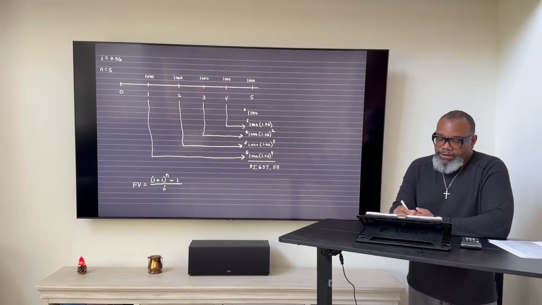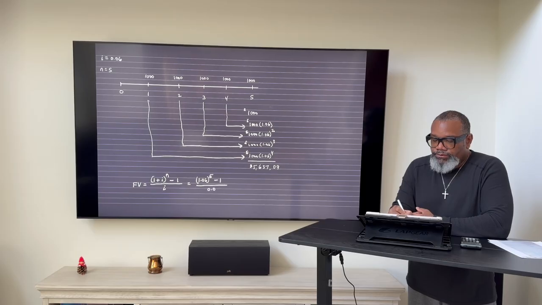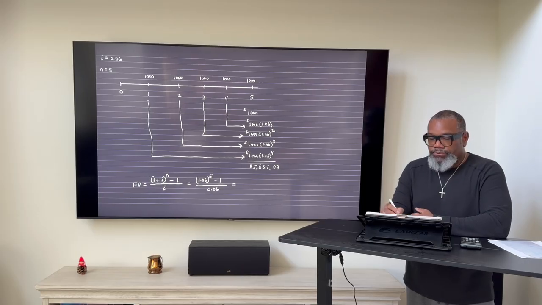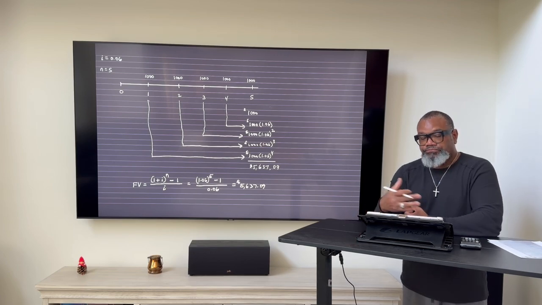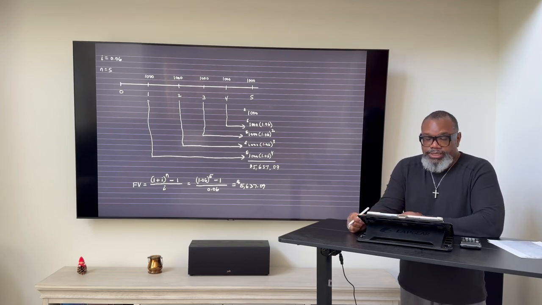So dropping in the numbers that we have here, this will be 1.06 raised to the fifth power, and we're going to subtract 1 and divide all of that by 0.06. And if we crank through the numbers, we see we get the same thing, which is $5,637.09. So that's how we can do that using the formula for the future value of an ordinary immediate annuity, and that will yield the answer too.